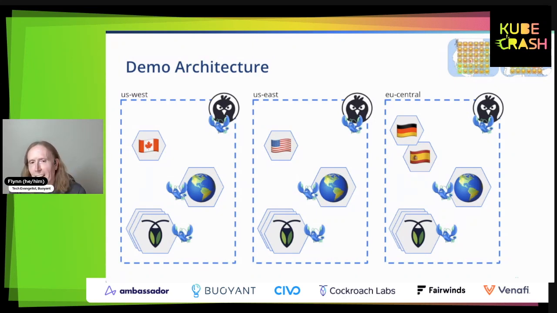What I was going to say is that this demo is using this geographic separation rather than separating clusters for workloads, mostly because if you look in the repo, you will find that there's setup in there to run this using K3D clusters on your laptop.